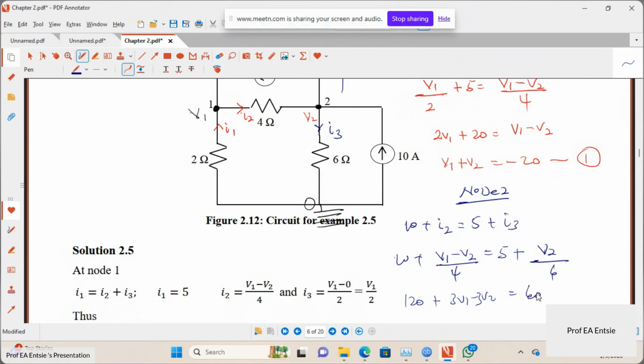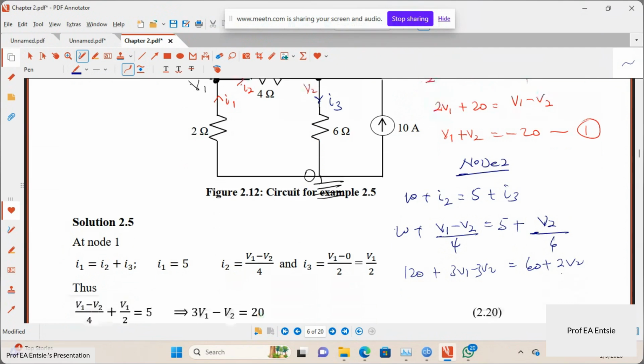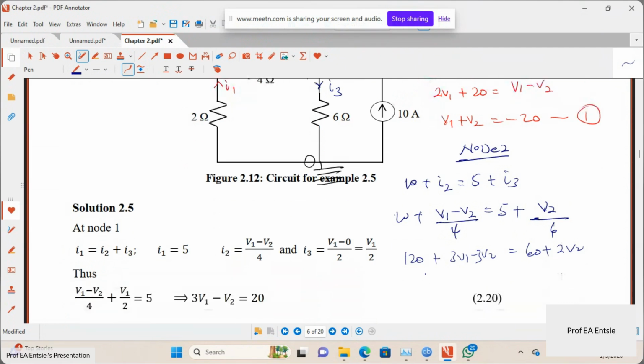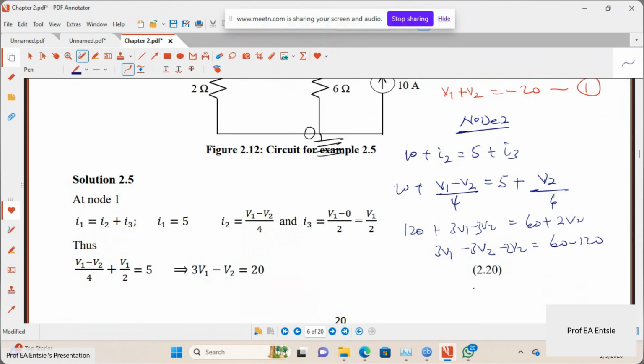Then 12 times 5 is 60. 6 goes into 12 two times. So at the end of the day, I'll be getting 3 V1 minus 3 V2 minus 2 V2 equals 60 minus 120, and I'll get 3 V1 minus 5 V2 equals minus 60. This is equation 2.